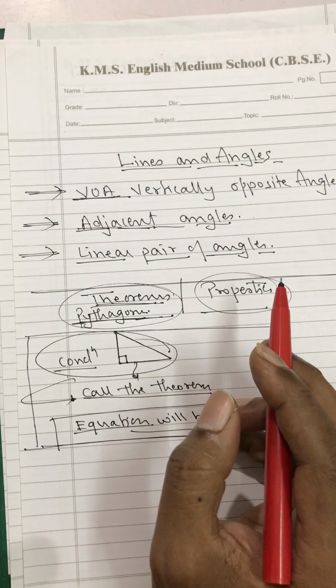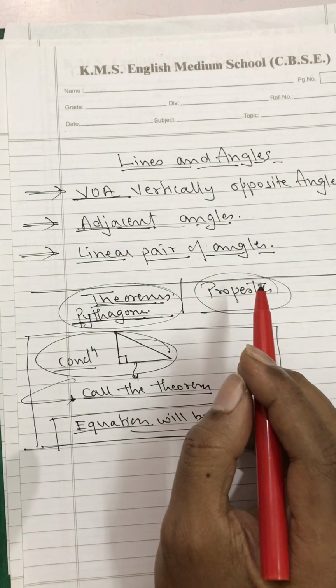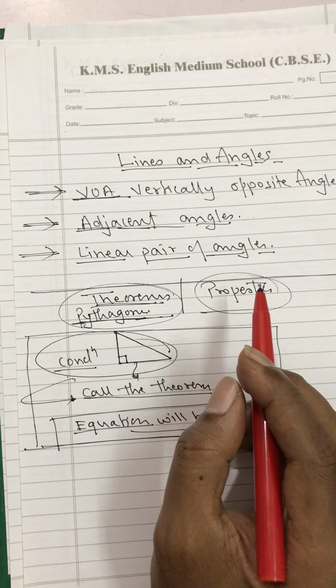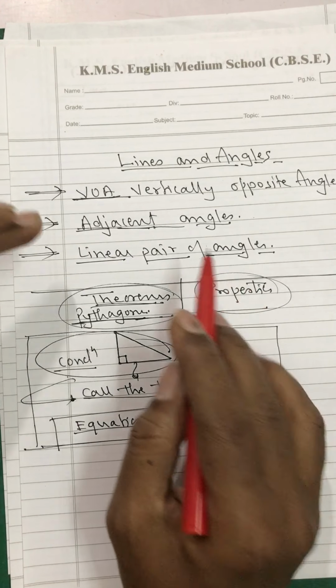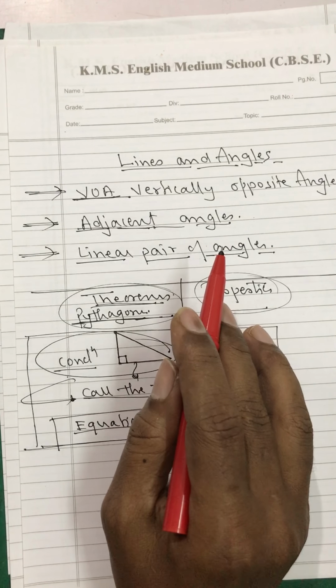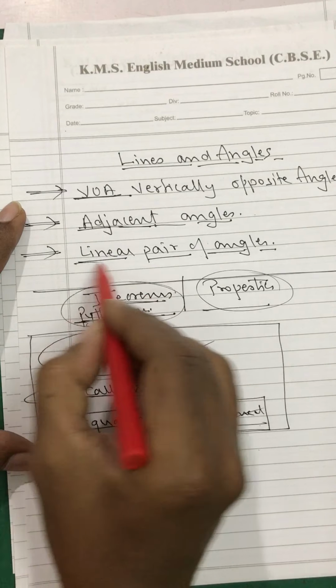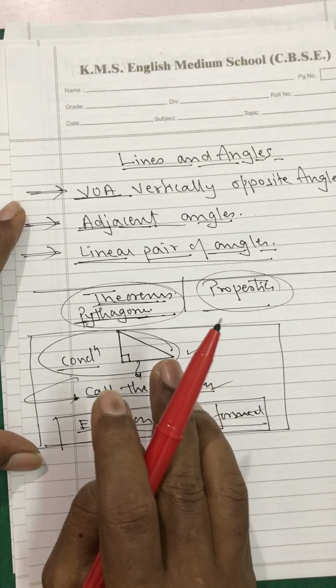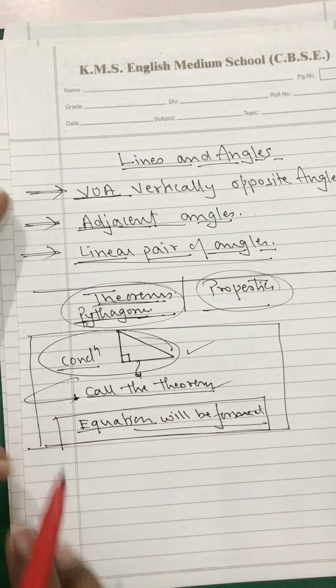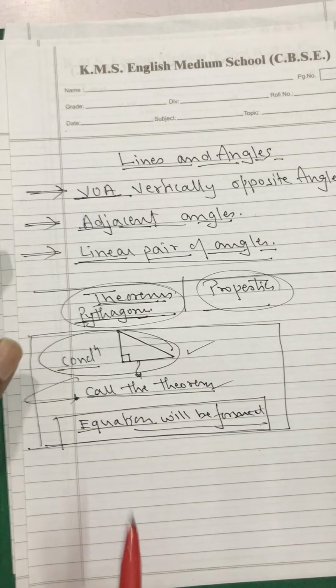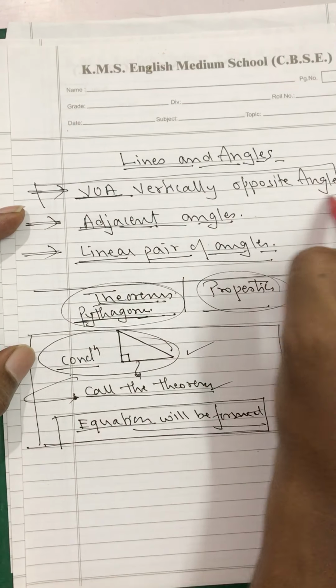Once that condition is satisfied, only then will you be able to apply the property of adjacent angles, and when you apply it, an equation will be generated. These three things will keep on happening. The same will happen with the linear pair of angles. So let us start with vertically opposite angles.